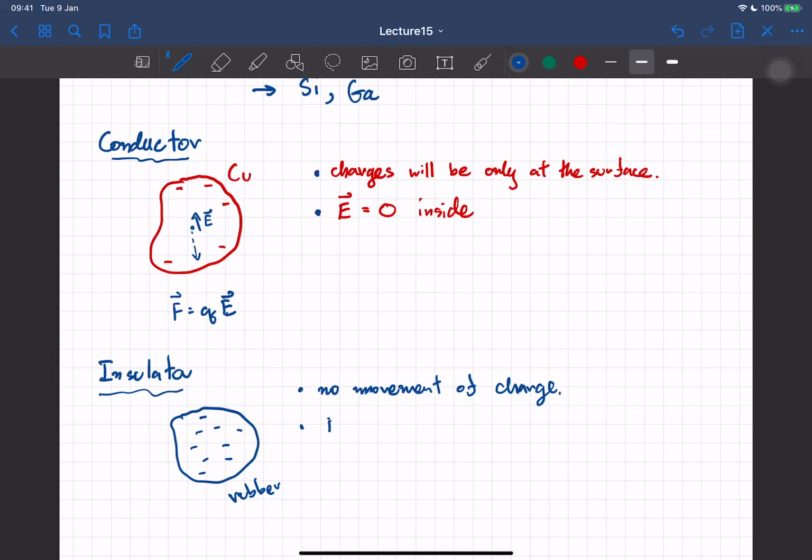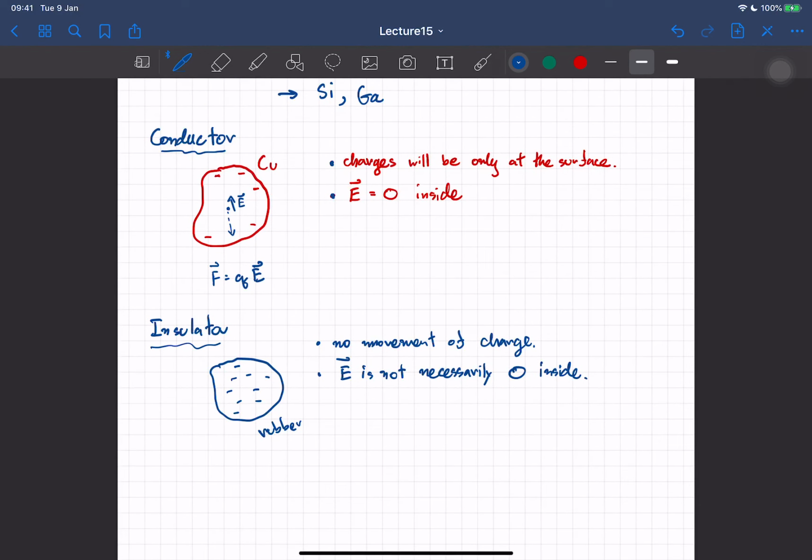And inside an insulator, the E field is not necessarily 0. So it's very different behavior. You need to be very careful when you read a question whether it's talking about a conducting sphere or an insulating sphere, because the term conductor or insulator tells a very different story, since they behave differently.